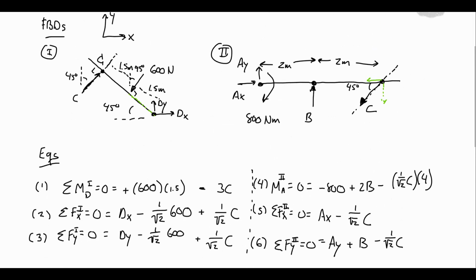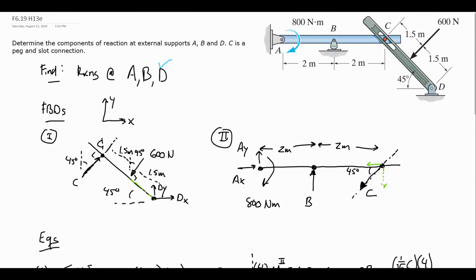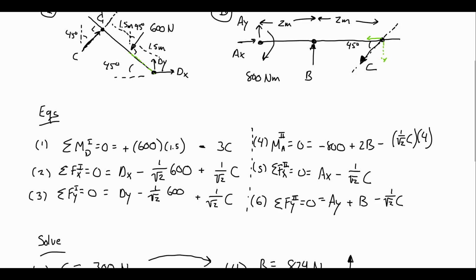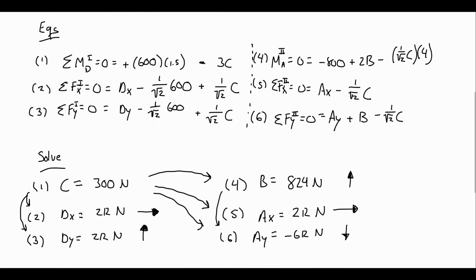Had I drawn it in picture 1 down and to the left, then in picture 2, it would have had to have been up and to the right, which means that equations 4, 5, and 6, my C terms would have also all been negated. In fact, they would have been actually positive then in 4, 5, and 6. However, I would have found in equation 1 that C was negative 300, so everything would have worked out the same way.